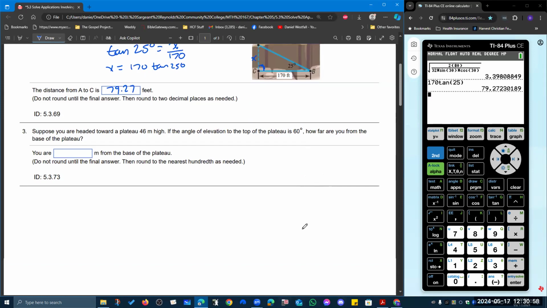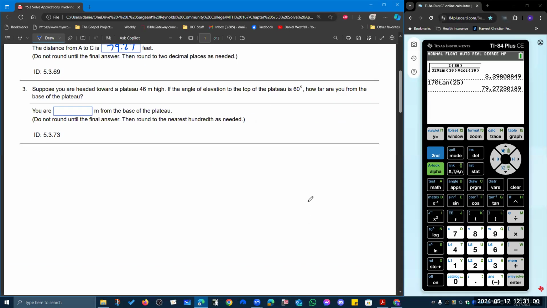Suppose you're headed towards a plateau that is 46 meters high. Plateaus are usually something like this. If the angle of elevation to the top of the plateau is 60 degrees, how far are you from the base of the plateau?